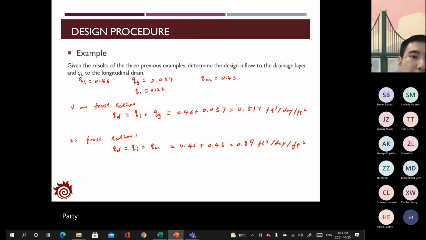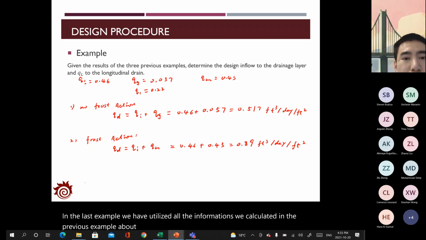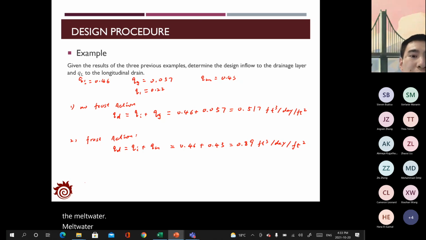In the last example, we utilized all the information we calculated in the previous example about the infiltration rate, the groundwater seepage, and also the meltwater inflow rate.